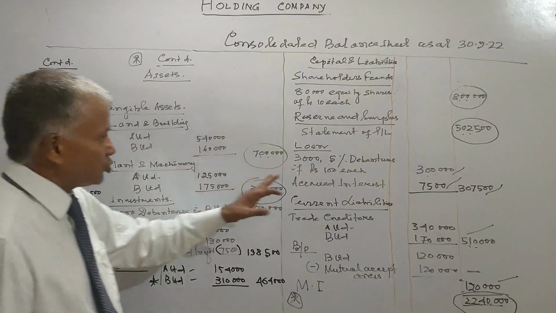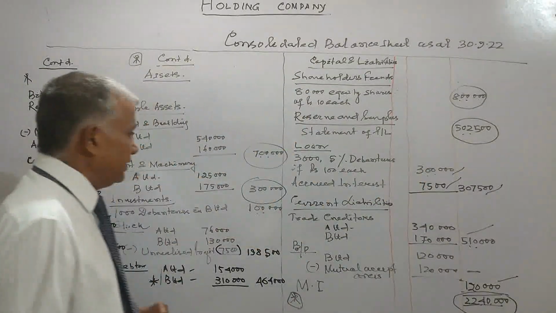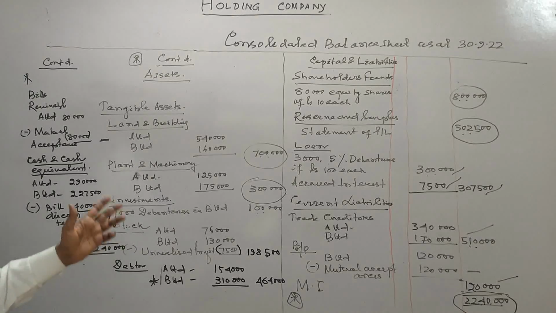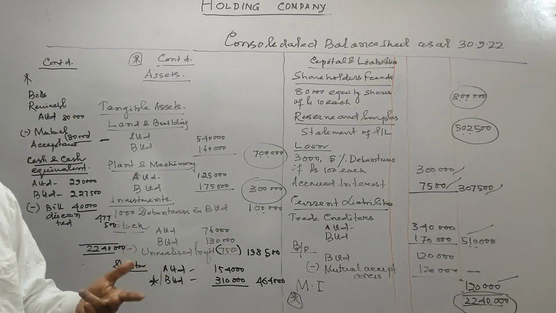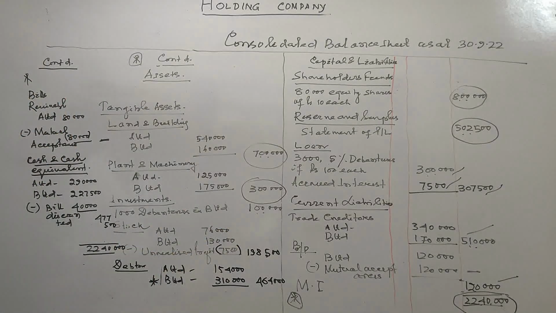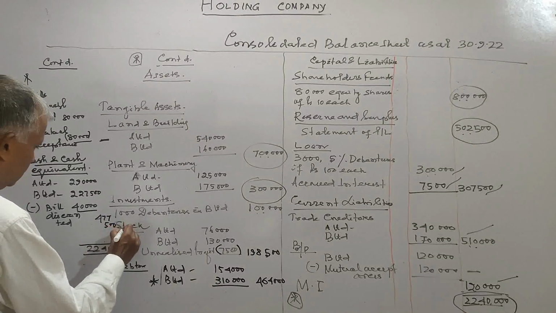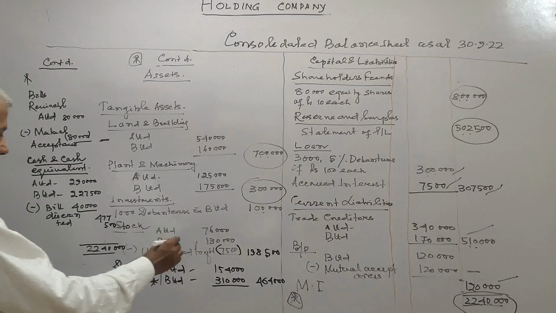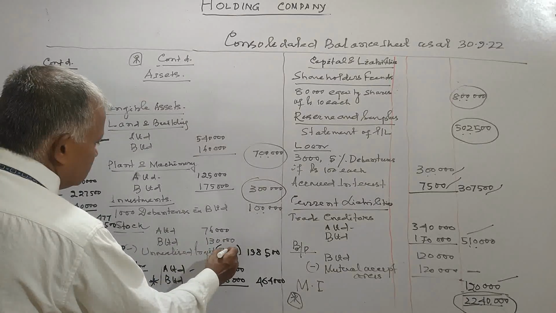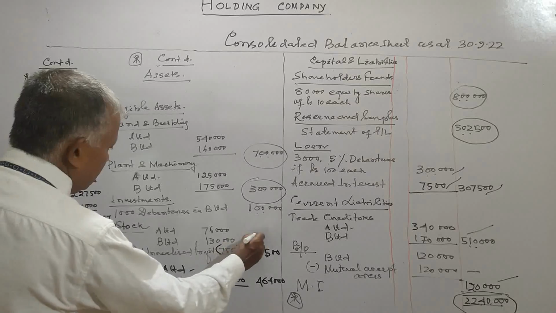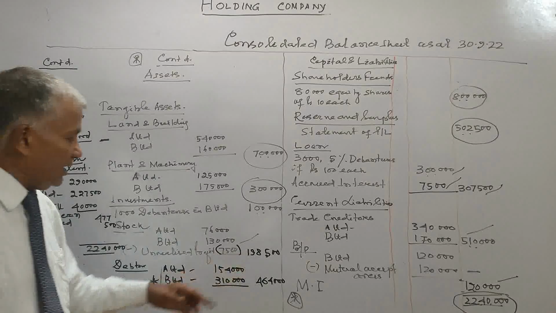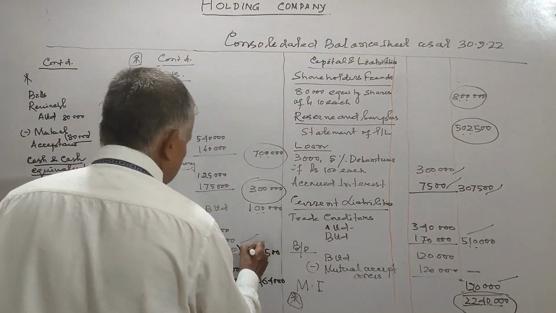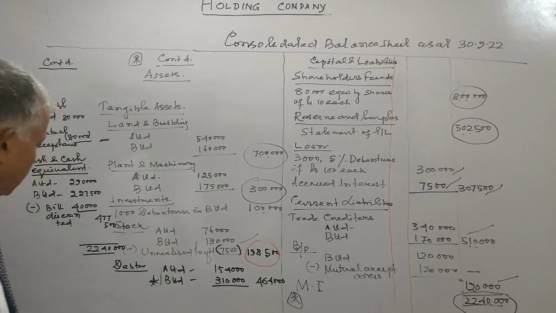You can also show it separately, that will be easier for you. Stock, you can write it as inventory: stock of A Limited and B Limited, less unrealized profit 7,500, which you have to deduct, so it comes to 1,98,500.